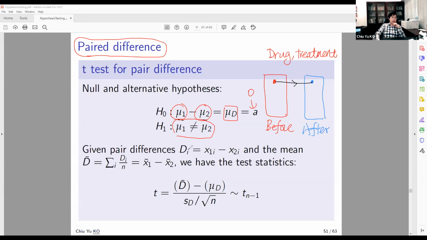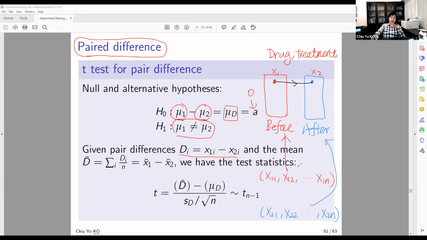And for the pair difference, for each observation, this is called x1, this is x2. The observations here will be x1,1, x1,2, up to x1,n, and the observations for this one will be x2,1, x2,2, up to x2,n, and do notice they are paired observations.